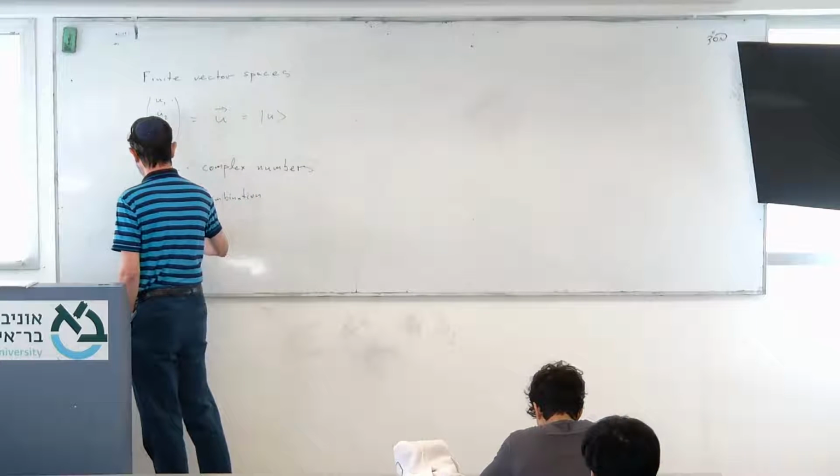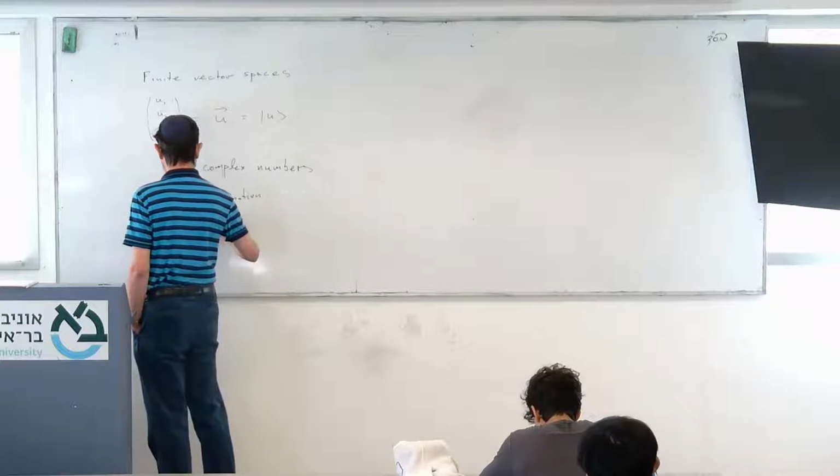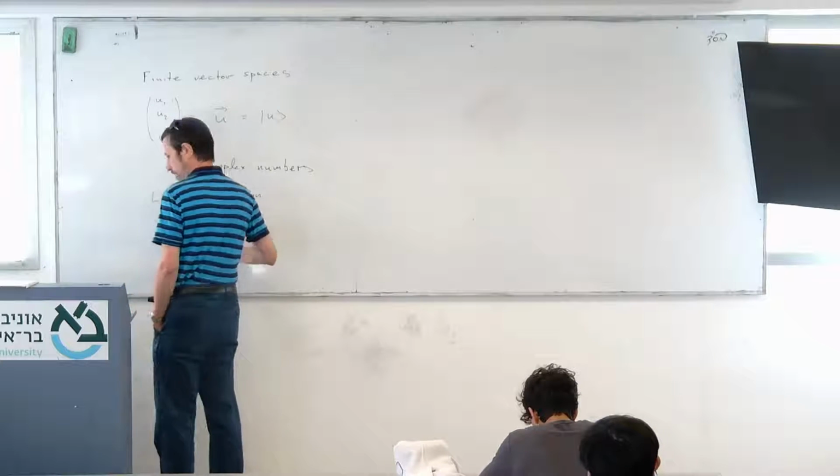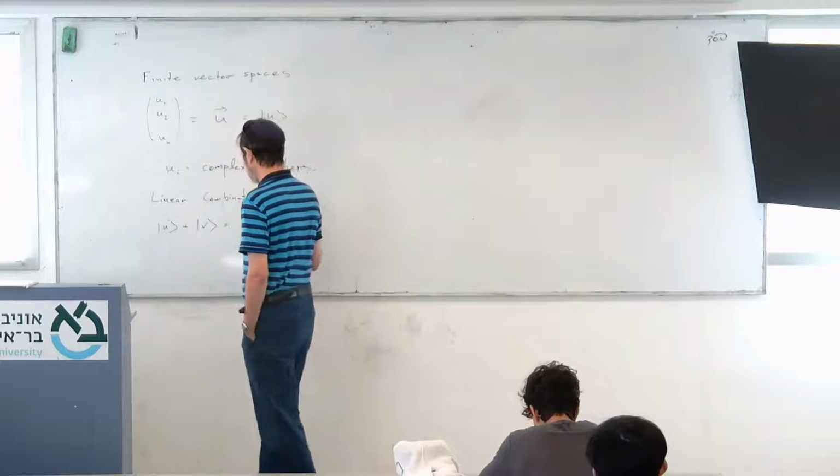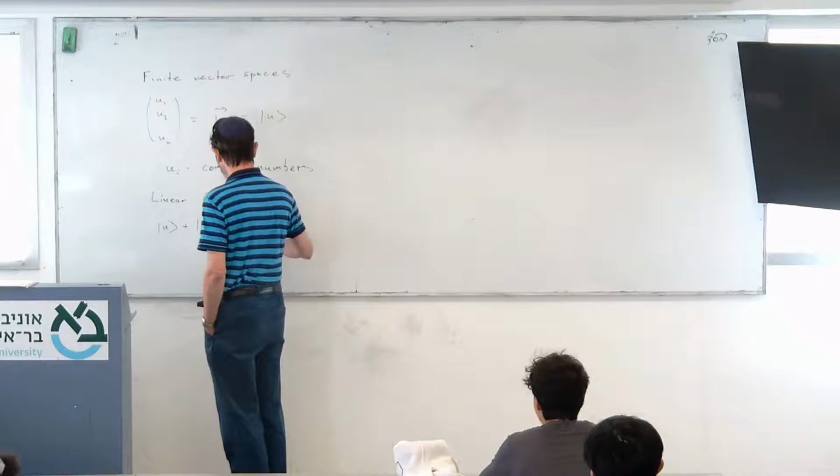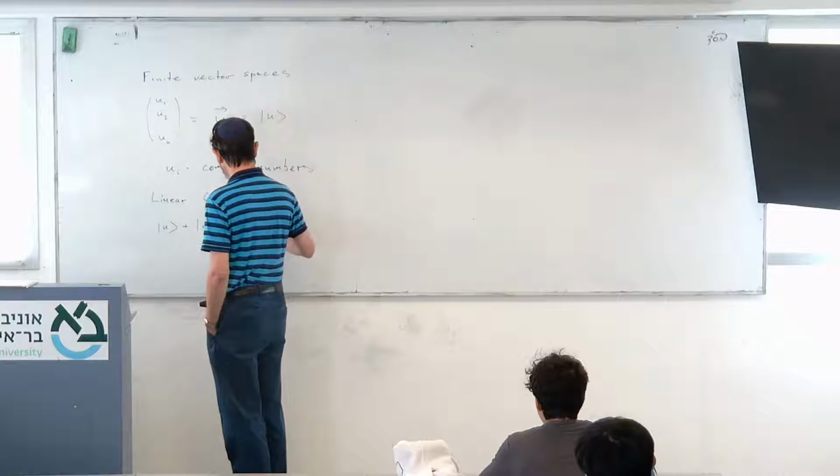So if I have a vector u plus a vector v, I write it down.